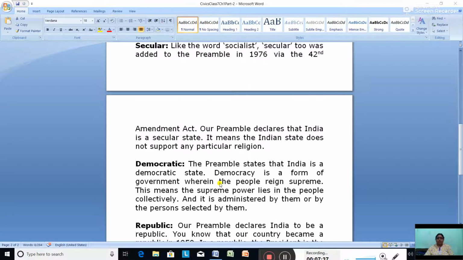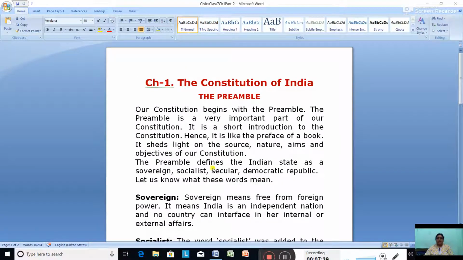So, in today's class, I explained the meaning of the preamble. Then I explained that the preamble is non-justiciable, meaning we cannot go to a court of law seeking help if some of the objectives mentioned in our preamble are not fulfilled.